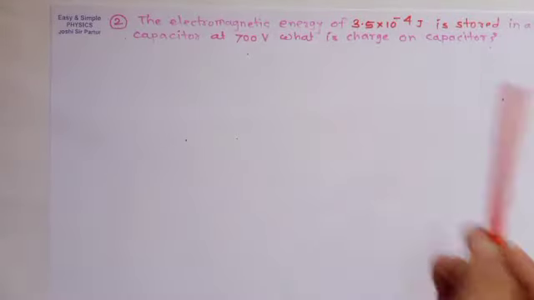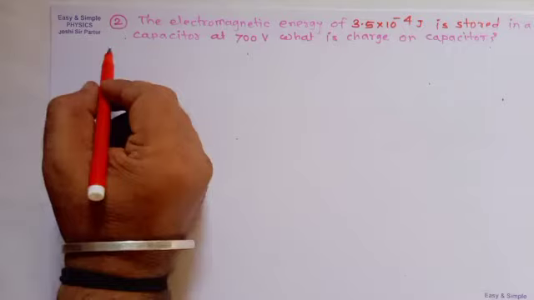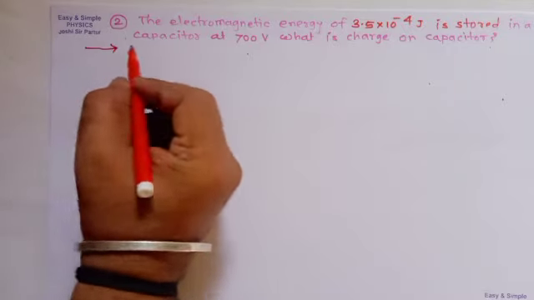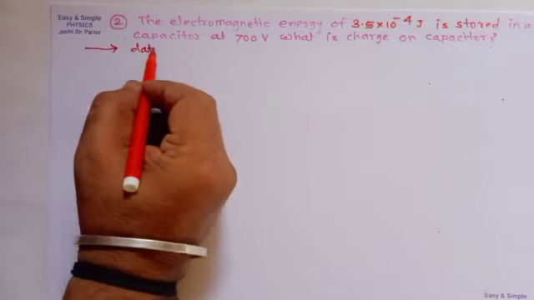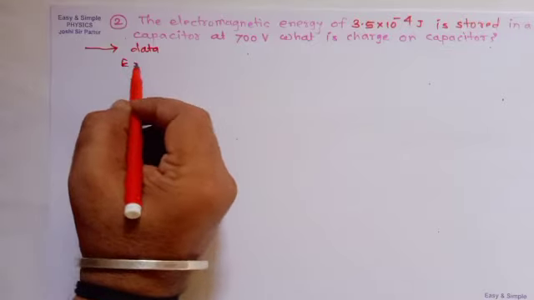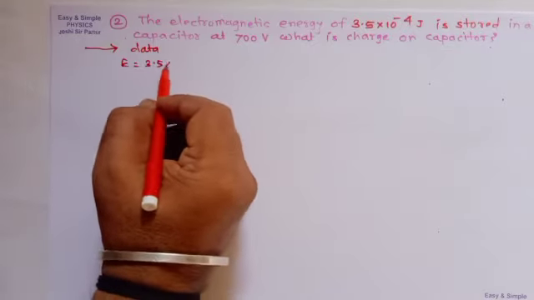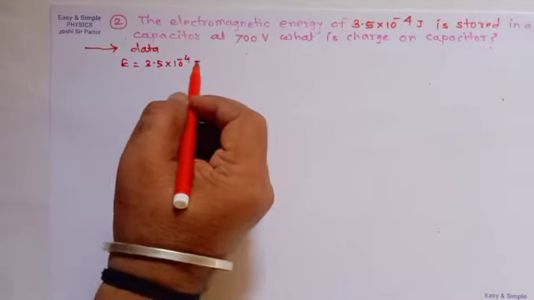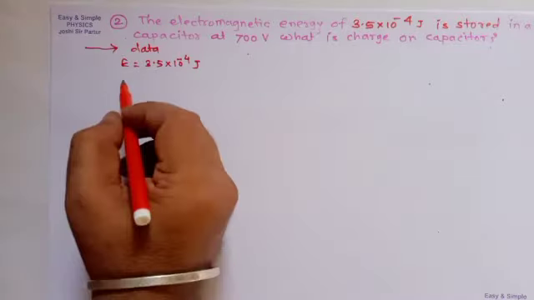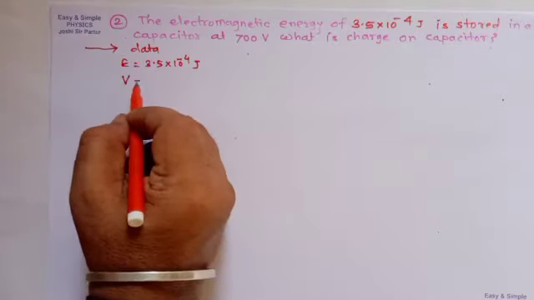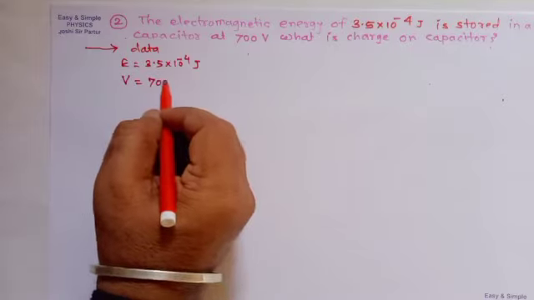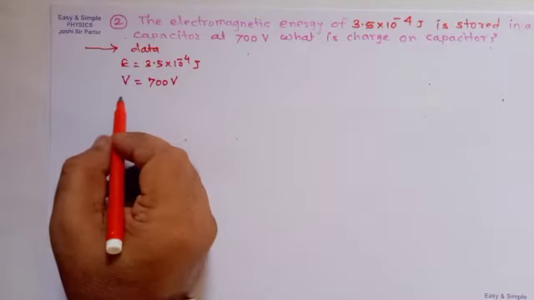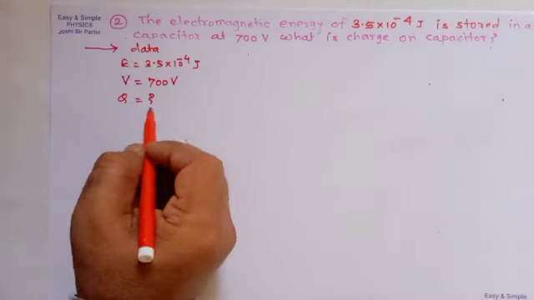What is the charge on the capacitor? In such an example, the data is written: energy is given as 3.5 into 10 raised to minus 4 joule, and potential is 700 volt, and we can find out the charge.